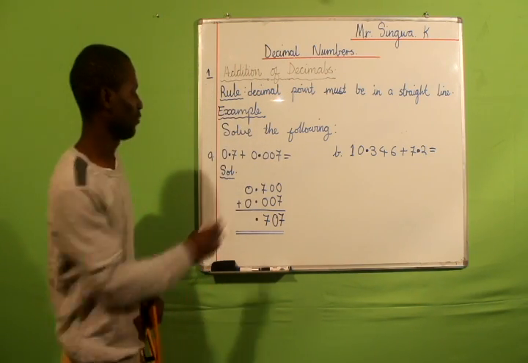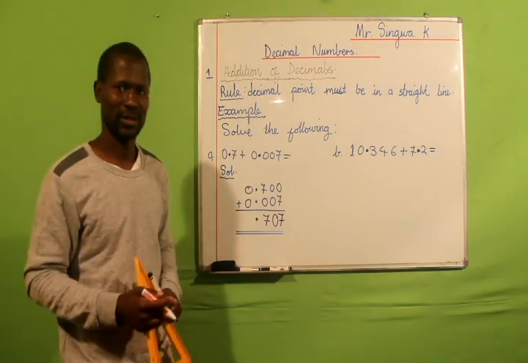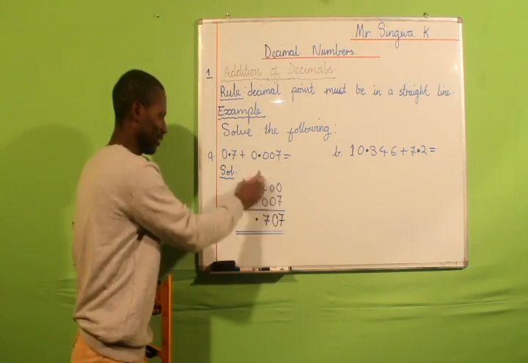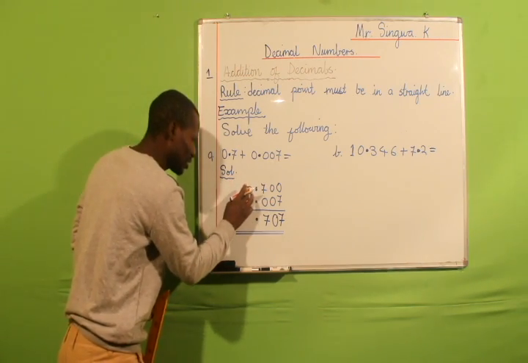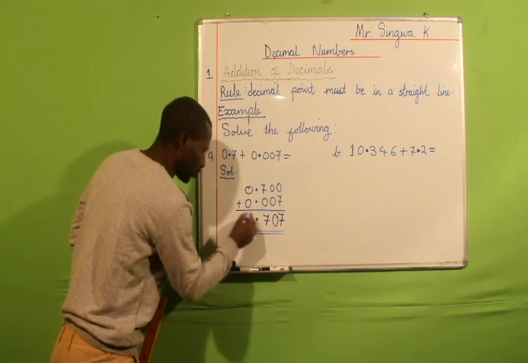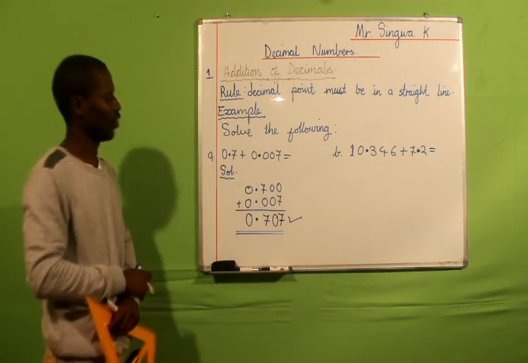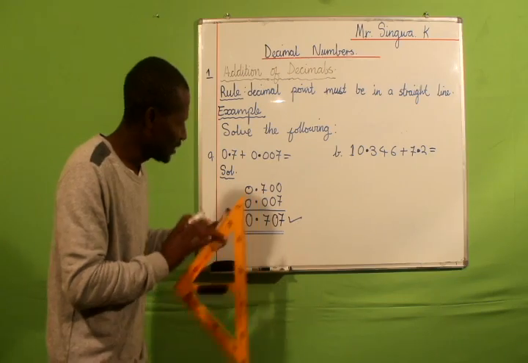I may say even this 0 here and these zeros here are also called placeholders. They are placeholders. The place values are 7 and 7 there. Same applies to this: 0 plus 0 is going to be 0. The answer is like this, and it's correct.